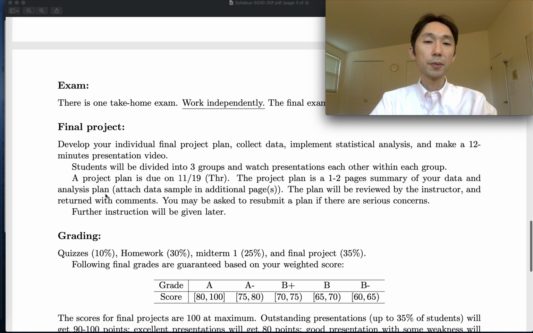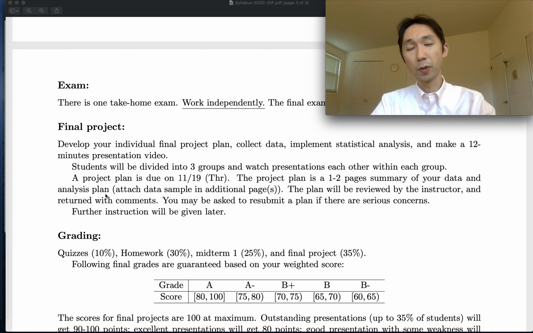A project plan is due on November 19th. This is a 1 to 2 page summary of your data and analysis plan. This plan will be reviewed by the instructor and returned with comments. Sometimes this is the first statistical project for you.